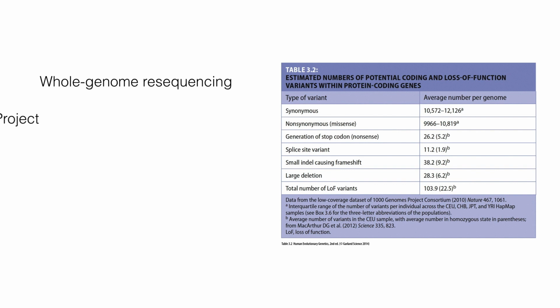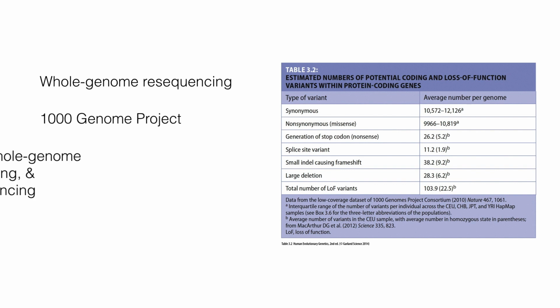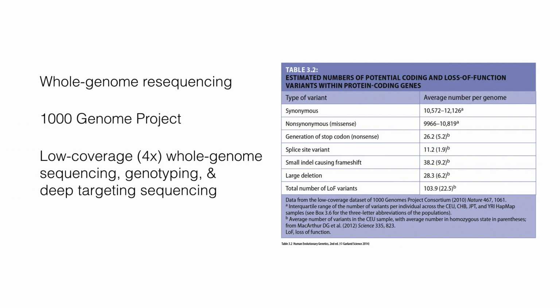For example, the 1000 Genomes Project uses a combination of low coverage, as low as 4x, genome sequencing with genotyping and deep targeted sequencing of all coding sequence in 2,500 individuals from major regions in the world.